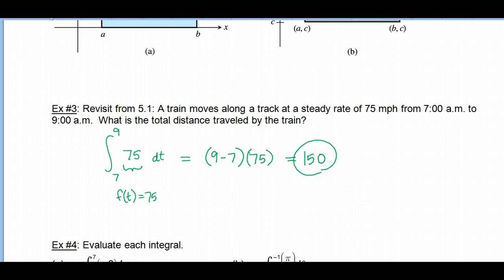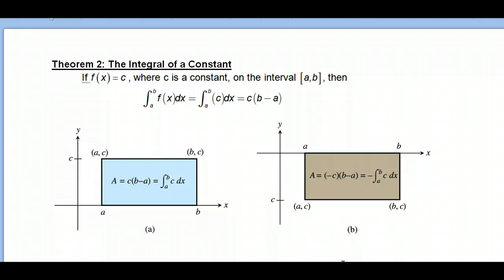You can use this anytime it's a constant rate. If it's a constant, you can just do b minus a times c, where c is a constant.